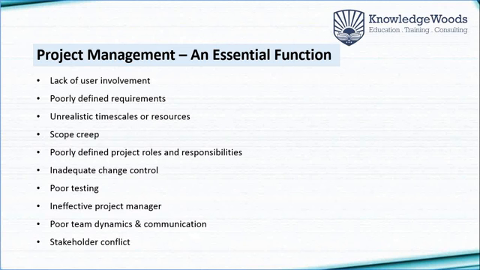There are no change control procedures, and changes happen on an ad hoc basis. A senior stakeholder comes and requests a change and the project manager goes ahead and makes it. So many problems, but the ultimate result is that the projects do fail. These are some of the reasons why projects fail.